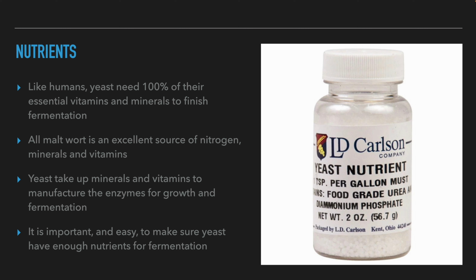Yeast take up minerals and vitamins from the environment to produce proteins required for growth and fermentation. Therefore, it is very important, but it is also easy to make sure that the yeast have sufficient nutrients. I will expand on this later.